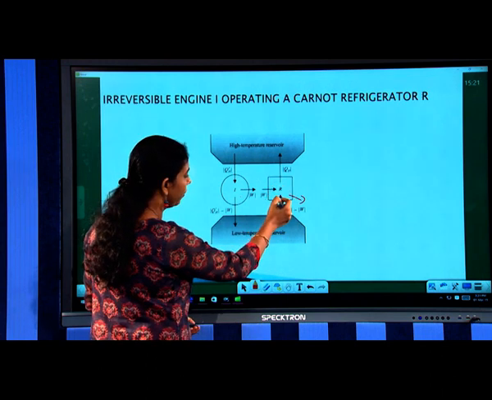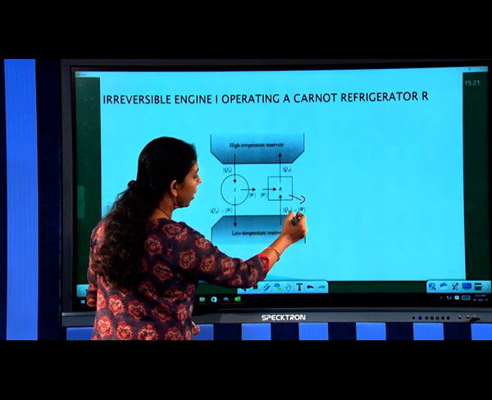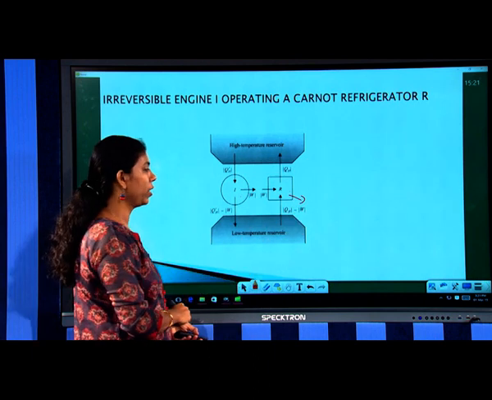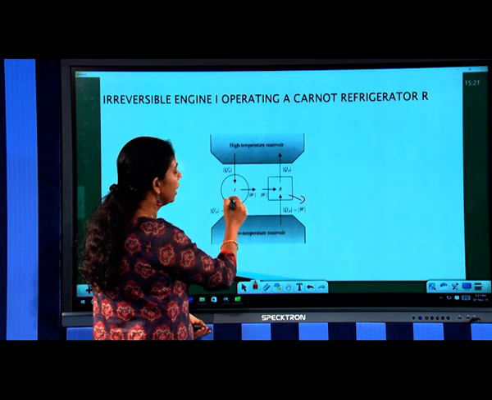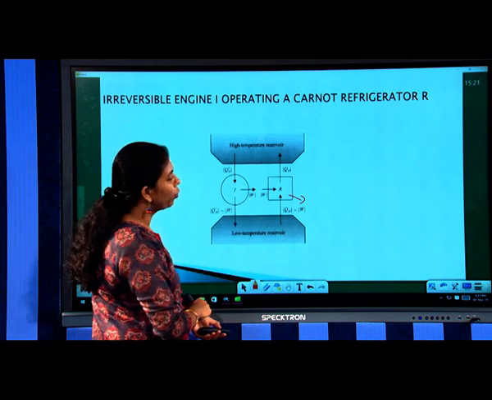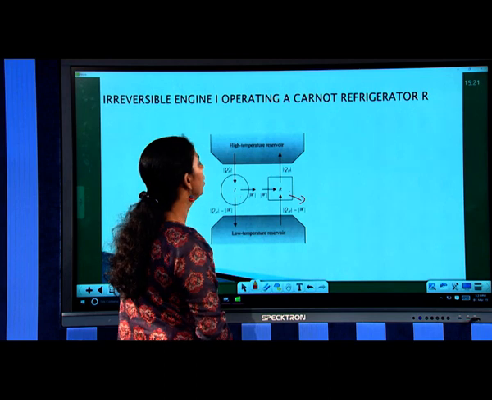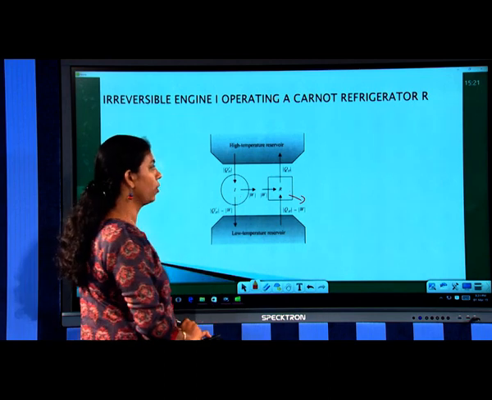This refrigerator absorbs QH minus W heat from the low temperature reservoir, work is done by the irreversible engine, and QH amount of heat is given to the high temperature reservoir.